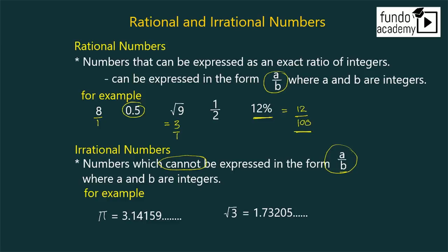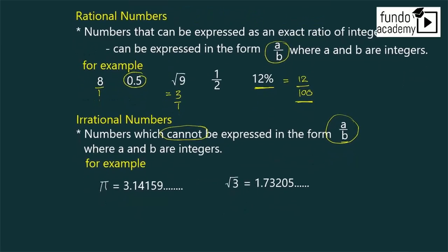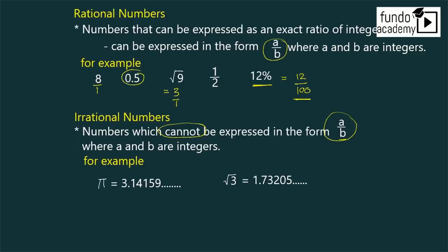Such an irrational number, like the square root of 3, has a special name: we call it a surd. So surds are irrational numbers expressed in the form of a square root. When we have the square root of 3, it's an example of a surd. The square root of 2 is another example of a surd.